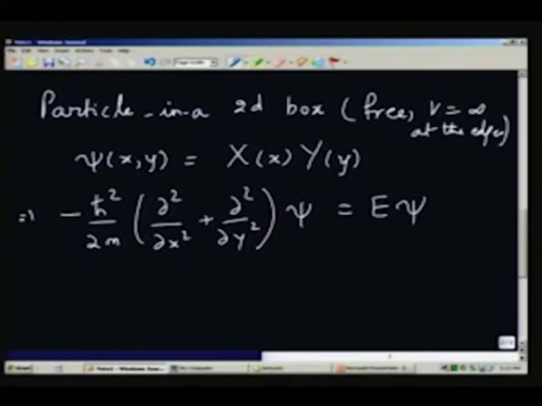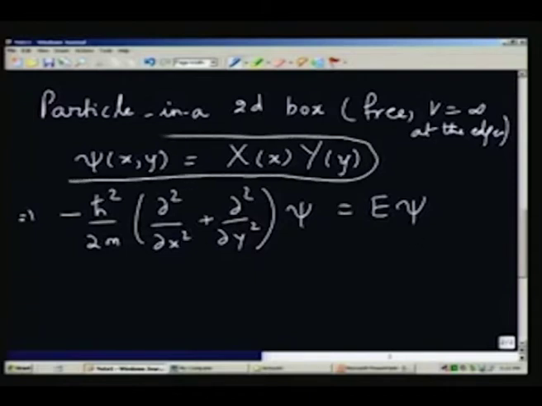Okay. This was separable when we assumed the wave function to be of this form.